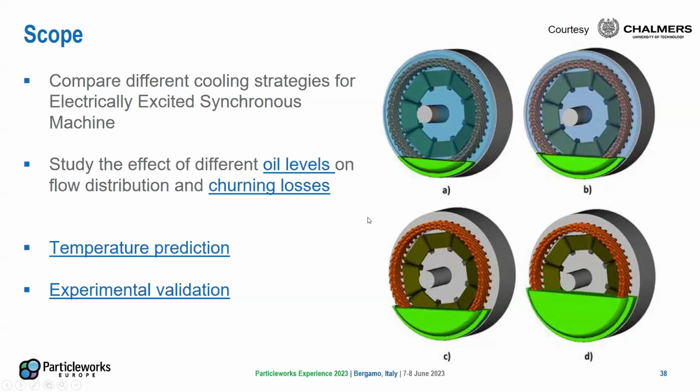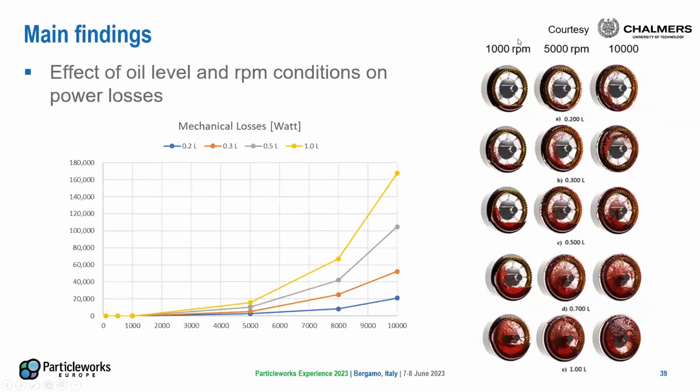Okay, so what was done here was to test for different RPM and different oil amounts, as you can see here, very quickly the configurations. We see that the mechanical losses, this is an output automatically generated by the software, increase quite significantly when we increase the amount of oil in the system and when also we increase the rotational speeds.